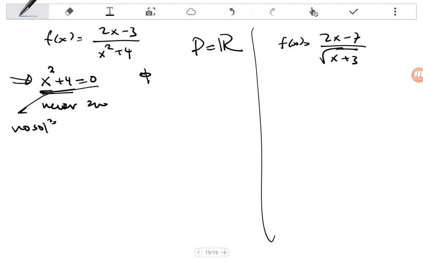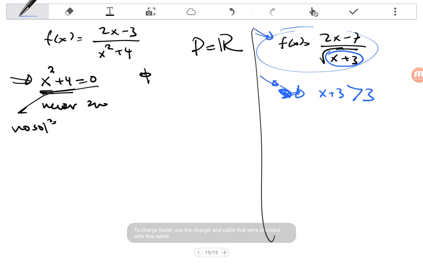So in this case, we say what is inside the root must satisfy that x plus 3 will be greater than 0, and I solve this inequality. I need to remember that for any problem to find the domain, we just convert the problem of the domain to a problem of solving an inequality.